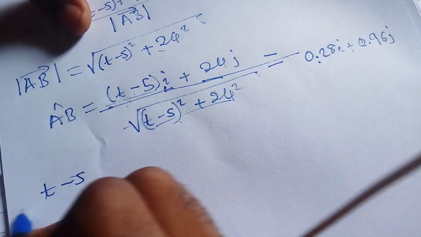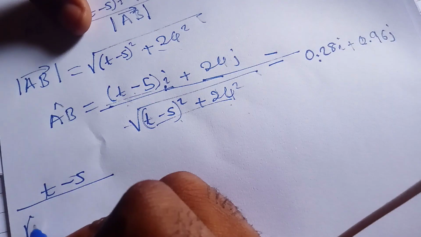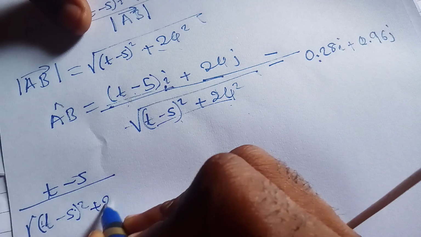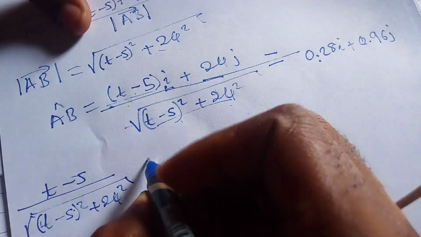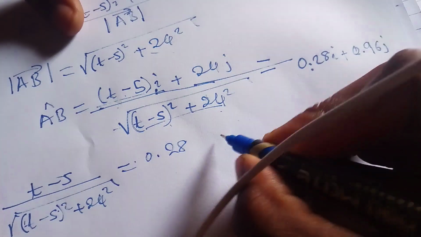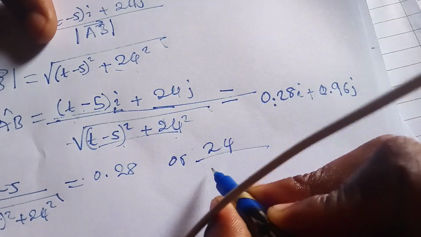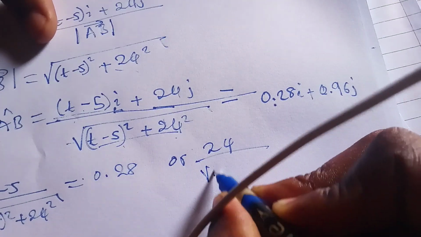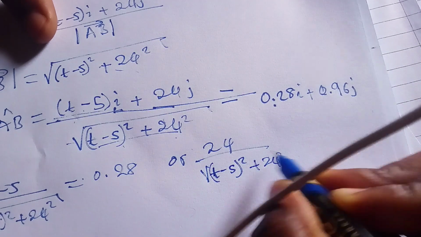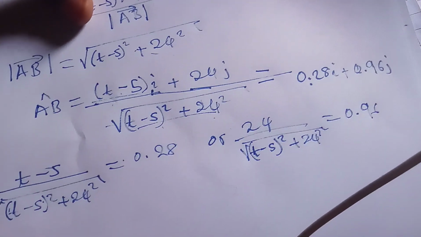So t minus 5 over this, remember this is for everything, so you can't just get this for that and stop there. This is equal to 0.28, or 24 over the square root of t minus 5 squared plus 24 squared is equal to 0.96.